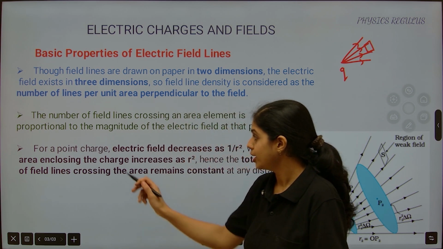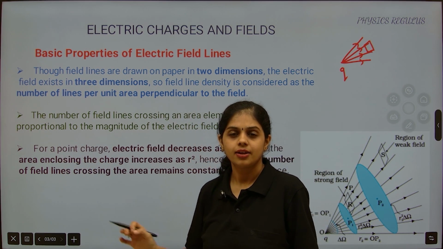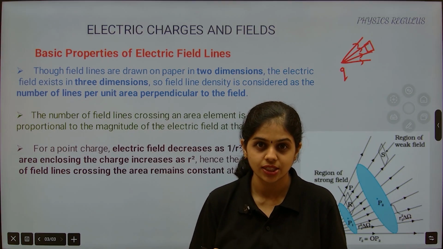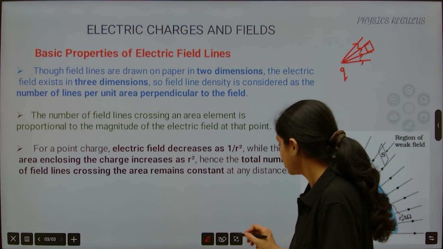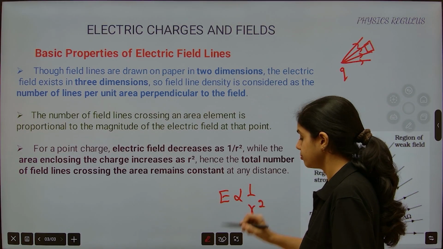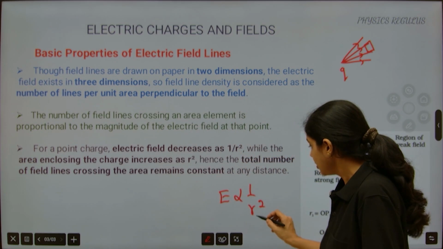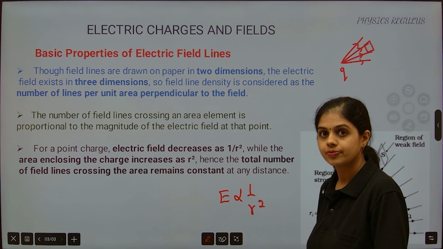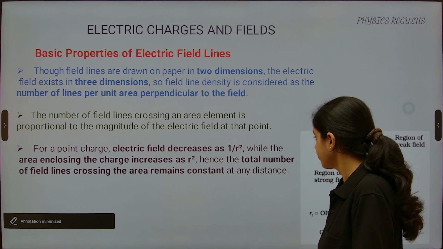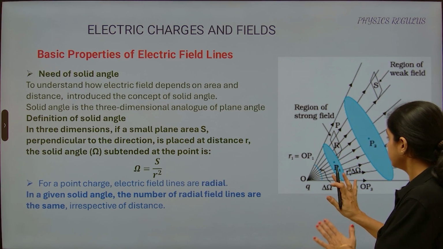And next important point is, for a point charge, electric field varies inversely as square of the distance. That is, E is inversely proportional to R square. How field lines represent this relation? This is the NCERT diagram.